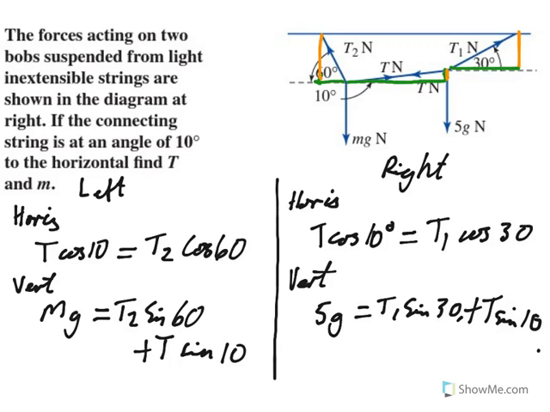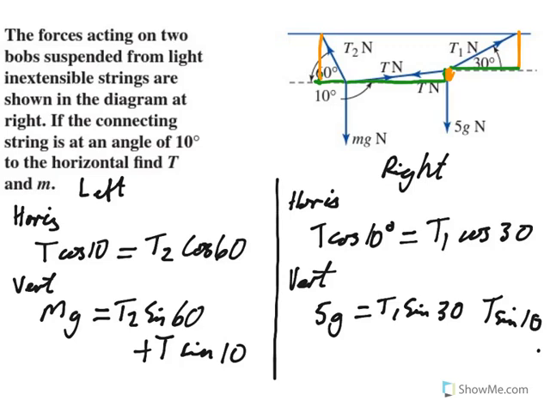Okay, so now let's just make a little bit of extra thought here. Something that I, in my haste, overlooked. When we look at the right hand side, this vertical component of this tension is actually down, not up.